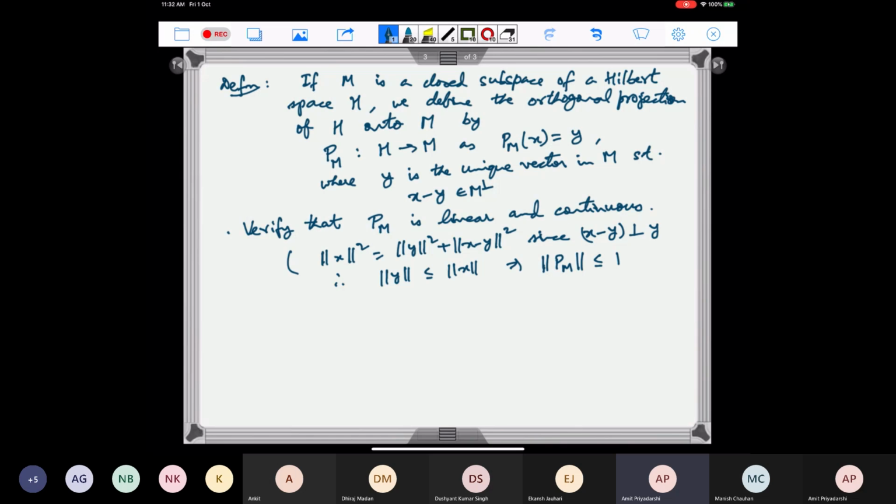So PM of x is equal to x if x belongs to M, because x can be written as x plus 0. So the norm of this orthogonal projection is in fact equal to 1.